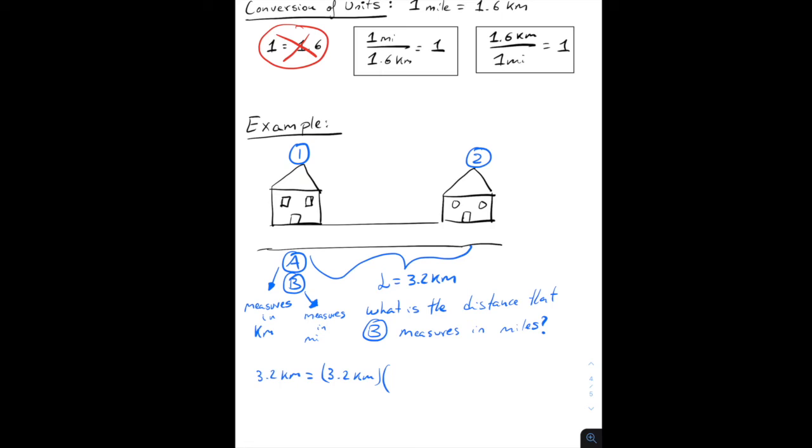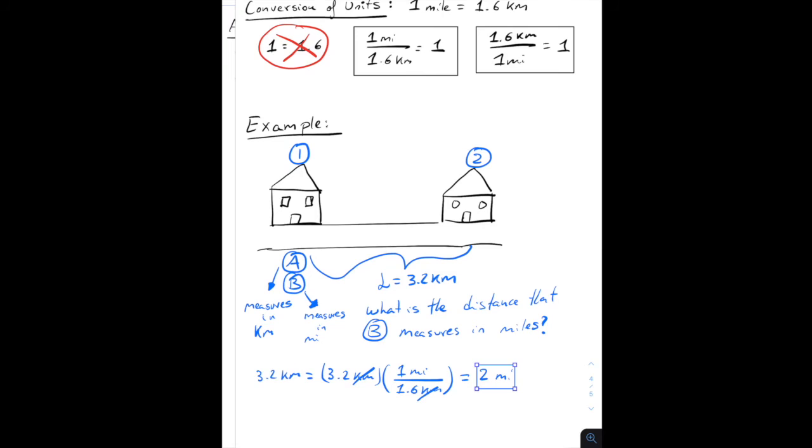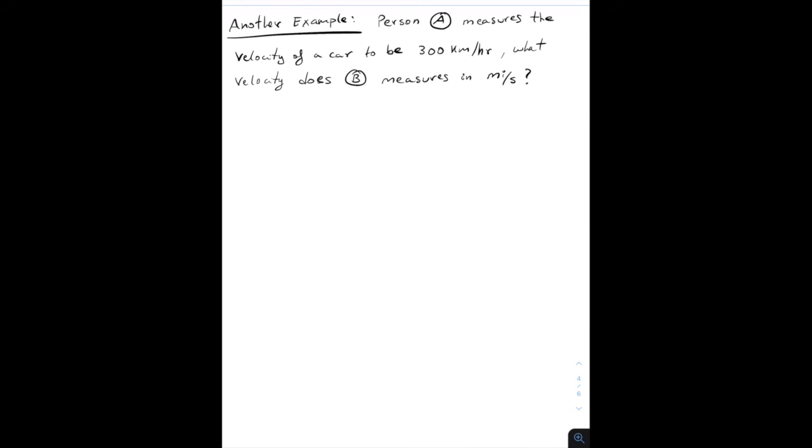Writing that ratio, we get 1 mile divided by 1.6 kilometers, and the units cancel, as said before, and then we get 3.2 times 1 divided by 1.6, which is just 2 miles. And we see that person B measures that 3.2 kilometers is equal to 2 miles. Okay, so now let's look at another example.